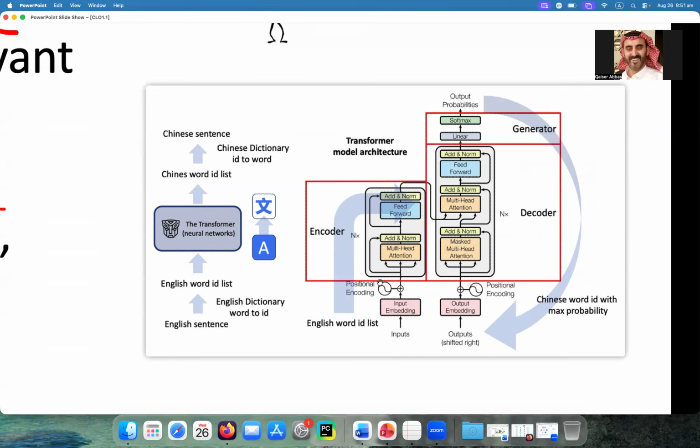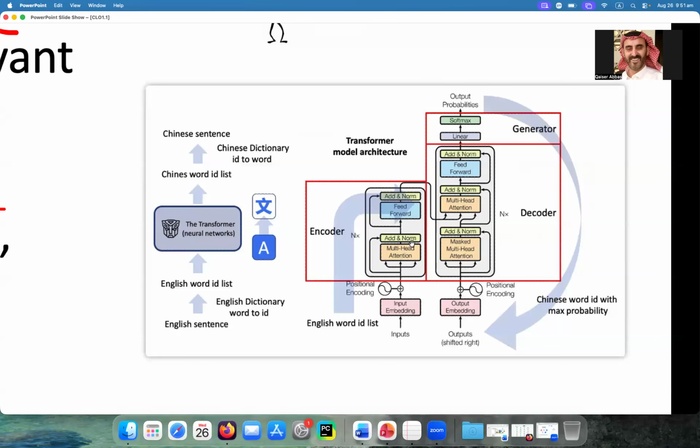This is called the encoder. This part is called the decoder. This part is called the generator. And this is the complete transformer model, or you can say deep neural network. Here we have the multi-head attention. What is its job? Its job is to calculate the relationship between the different words.